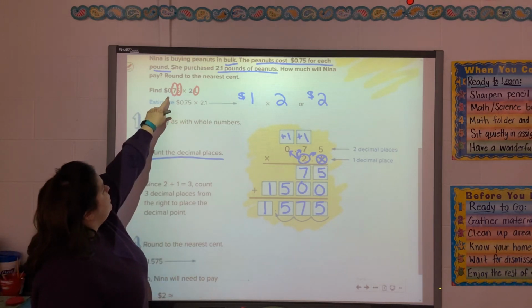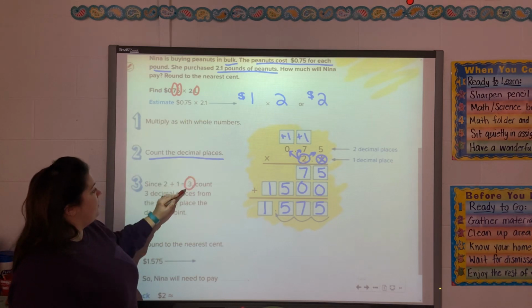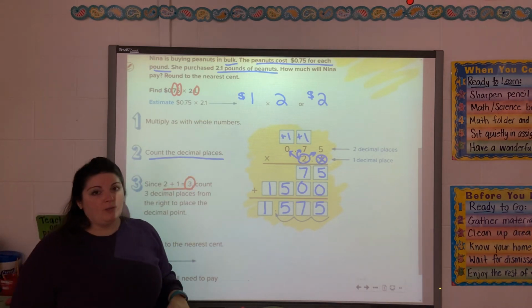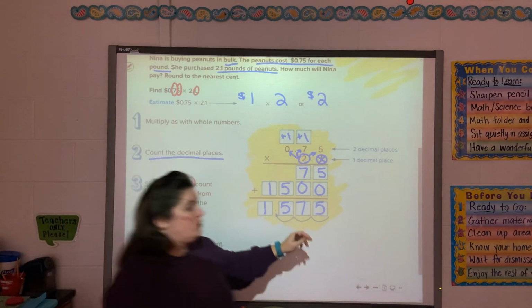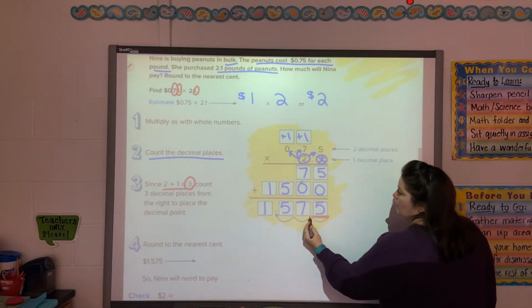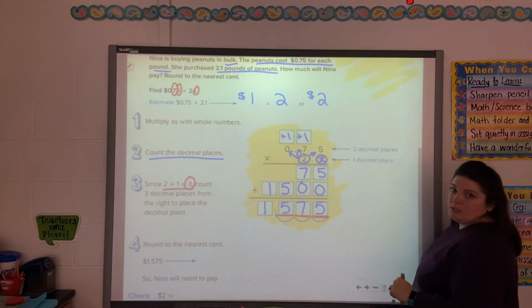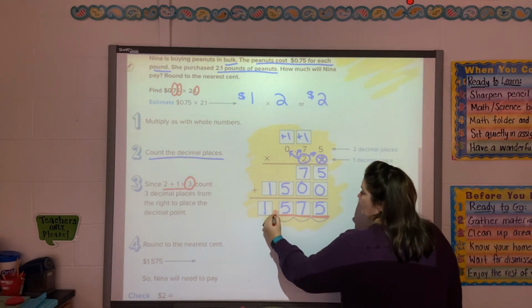That's a total of 2 plus 1, or 3 decimal spots that I need in my product. Starting on the right, I need to make sure I have 1, 2, 3 decimal spots in my product, and then I can put my decimal point.